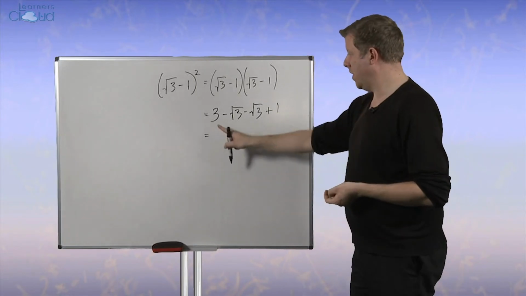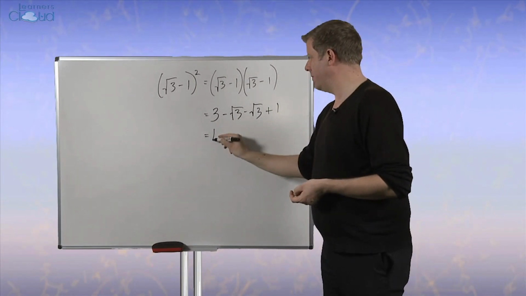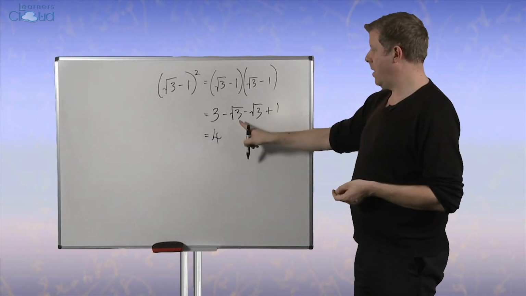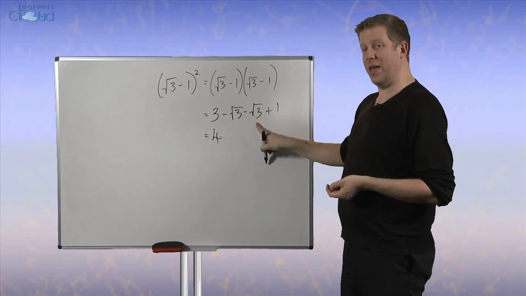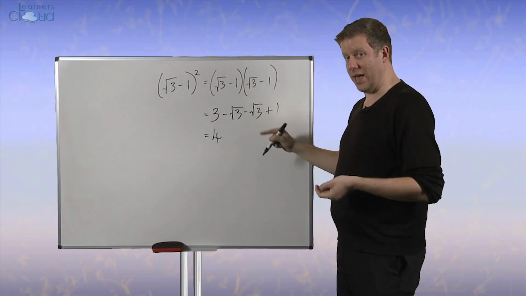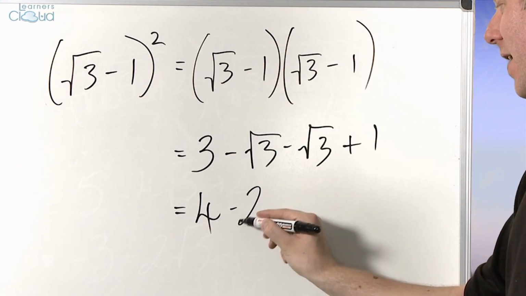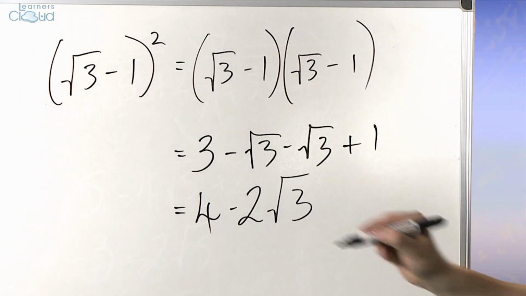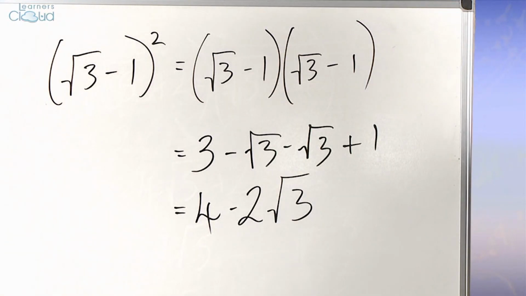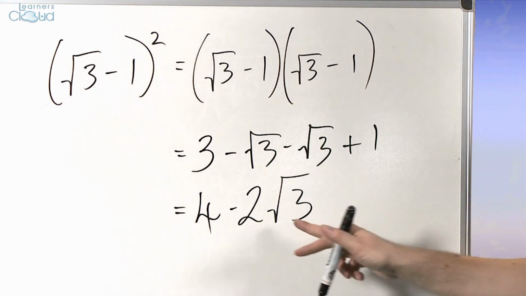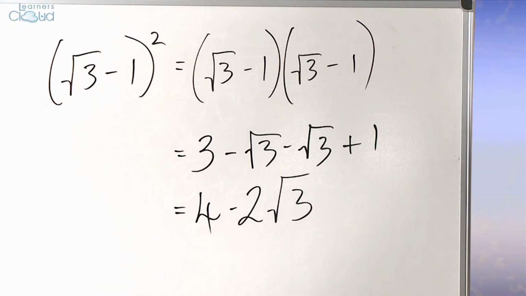Tidying up, I've got 3 plus 1 gives me an answer of 4. Minus √3, take away another √3. Careful not to cancel these out, because what they do give you, in fact, is -2√3. So we've expanded our brackets and written it in the form P plus Q root R as required.